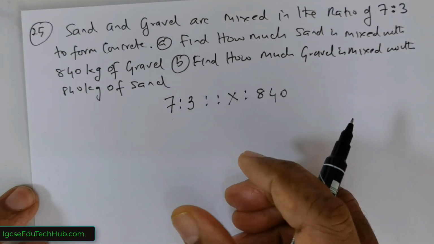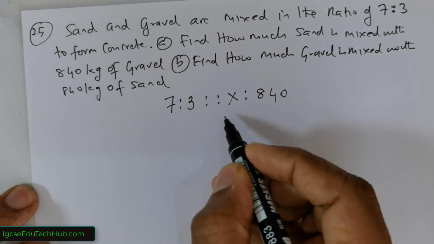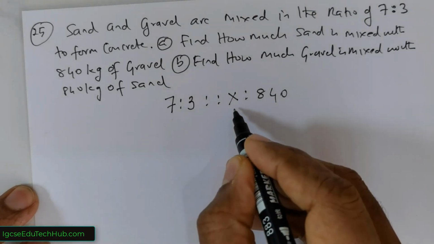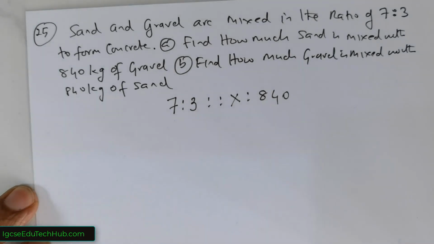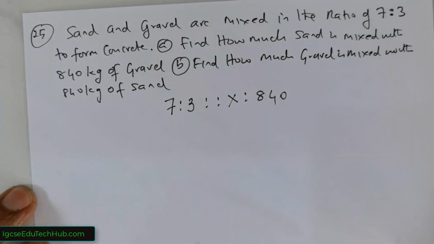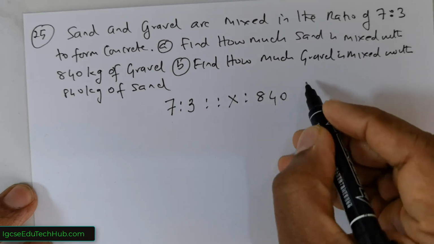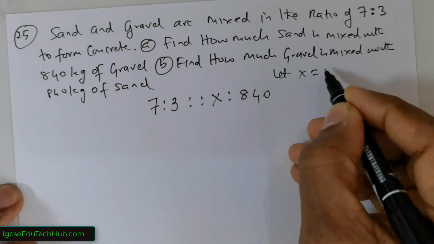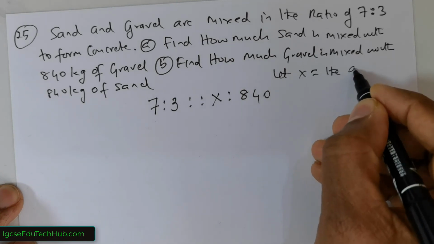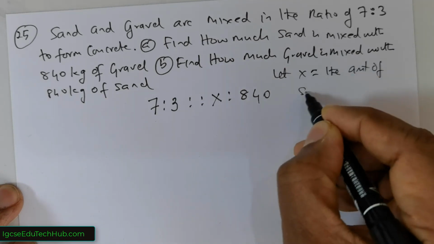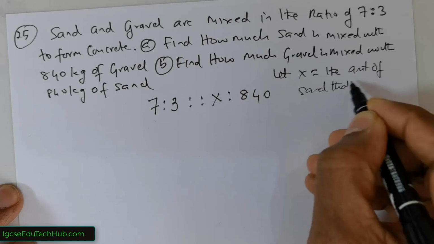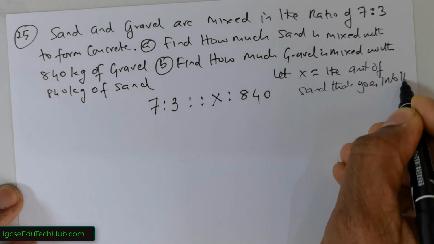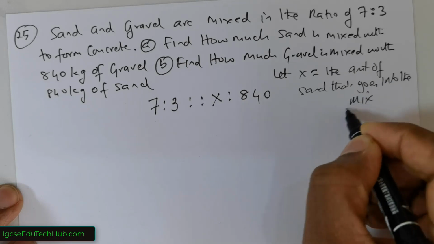So now the question comes, with this ratio, how much of sand has to be poured into 840 kgs of gravel? So that's the requirement, right? So let me state here, let X be equal to the amount of sand that goes into the mix.